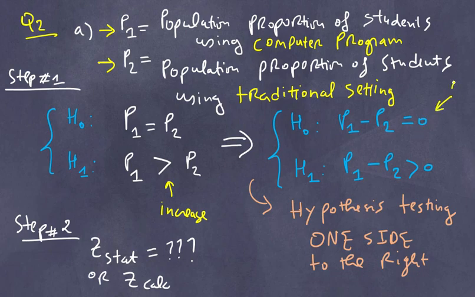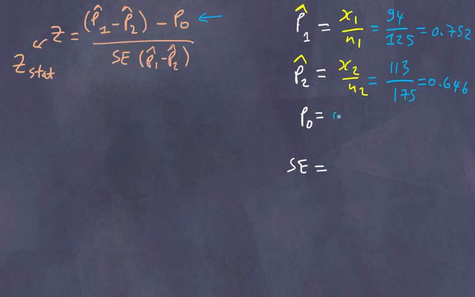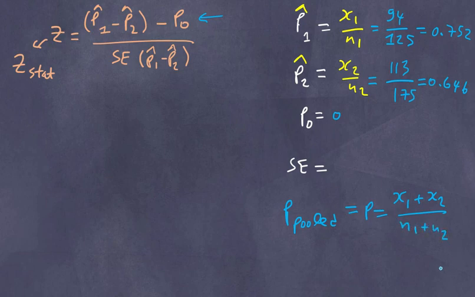Okay, so what about P0? P0 equals 0. It's the difference between P1 and P2. This is 0. And what's the standard error? Now, in order to find the standard error, we need to find a pooled proportion, and let's call it P. P pooled is x1 plus x2 over n1 plus n2.